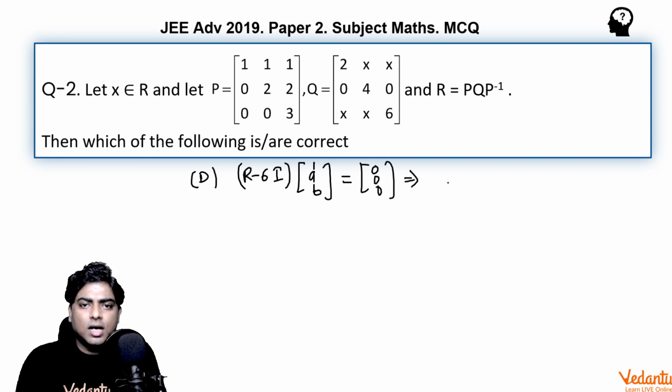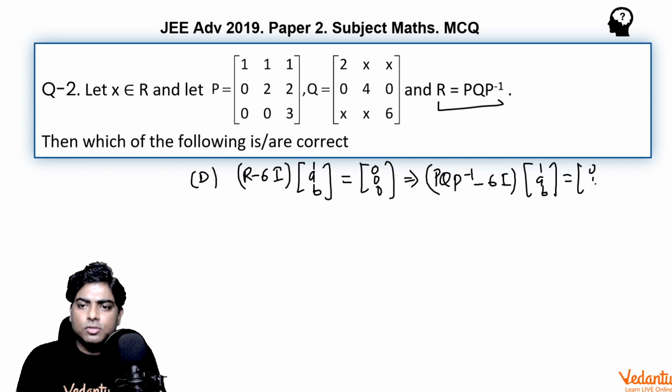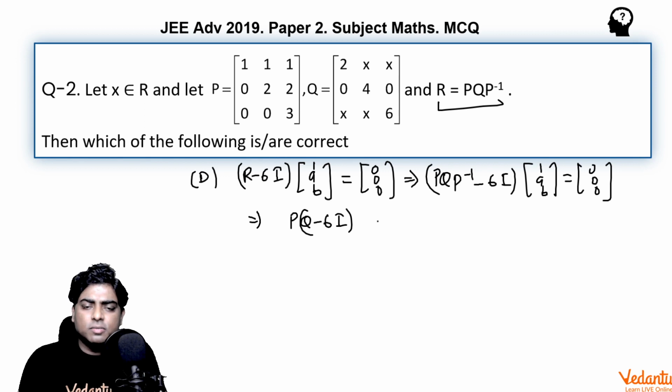Now R was given to be PQP inverse, so PQP inverse minus 6I into 1AB is equal to 0 0 0. Continuing in this way, we can write PQ minus 6I. Okay, you can write it because P into 6I into P inverse is 6I. You can write it easily.